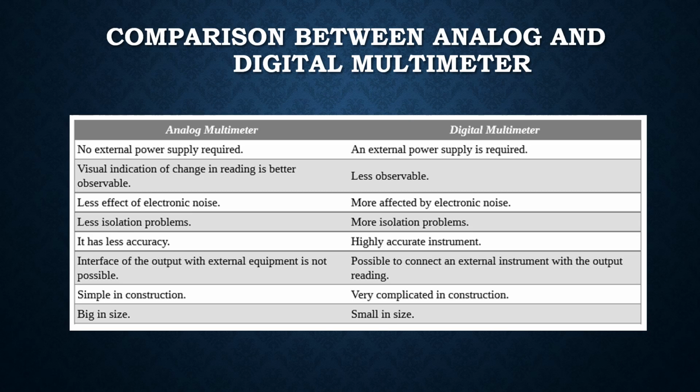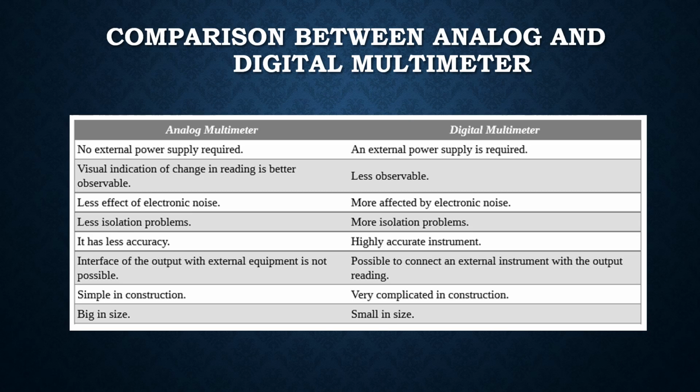Analog multimeter has less effect of electronic noise. In a digital multimeter, noise is high. In an analog multimeter, the isolation problem is less. In a digital multimeter, the isolation problem is more. Analog multimeter has less accuracy, whereas digital is more accurate.